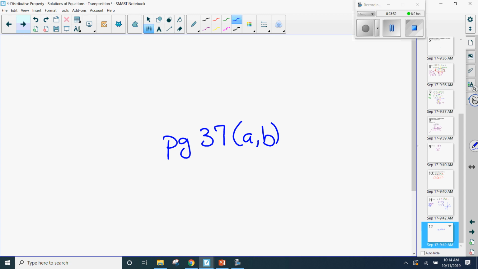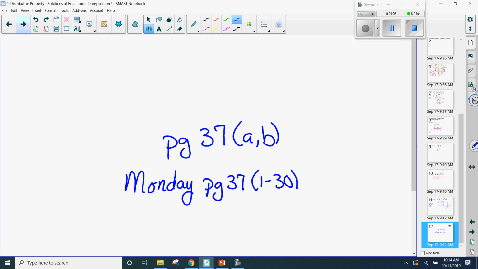Monday, here's what you're going to be working on. On Monday, when I work with the other group, you will be working on page 37. I would just leave it right there, please. Yep, thank you.